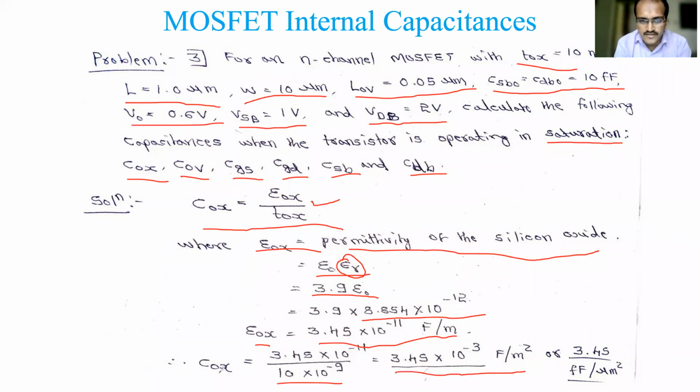But normally the capacitance value is generally expressed in femtofarad per micrometer square. If you want to do that, we just have to multiply both numerator and denominator by 10 to the power minus 12. It will not change the value, right?